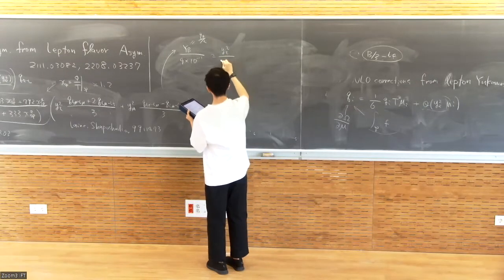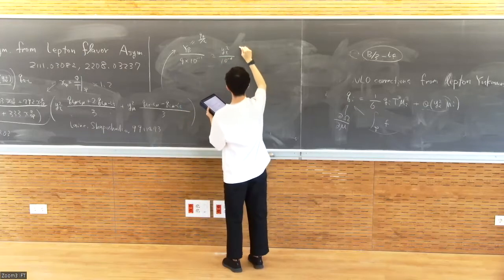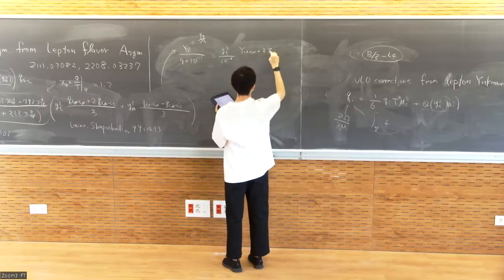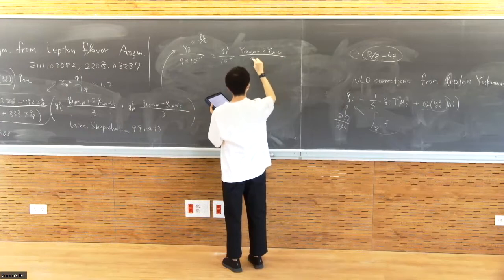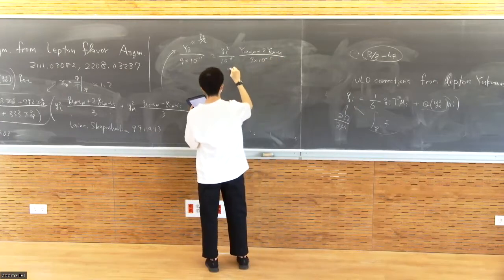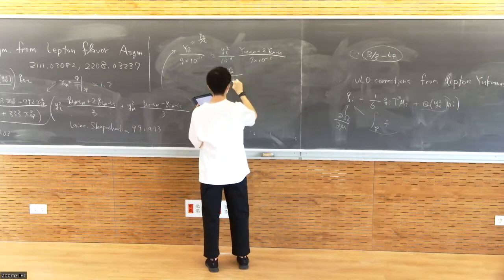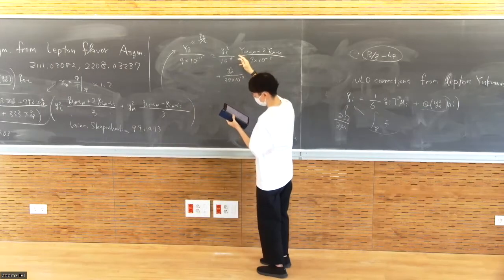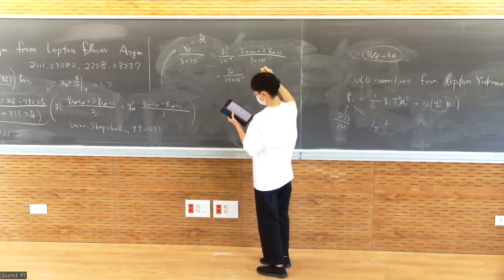So you get something like this, L_mu minus L_tau. I just normalize so that it gives the correct color here.